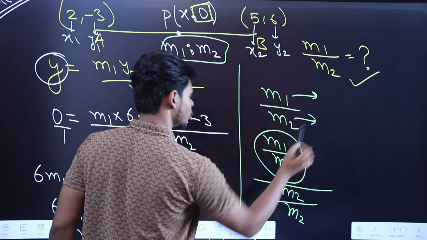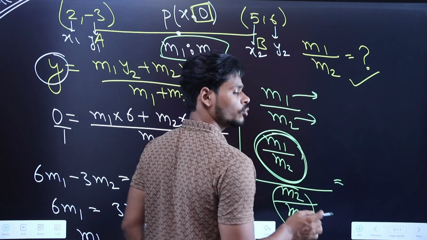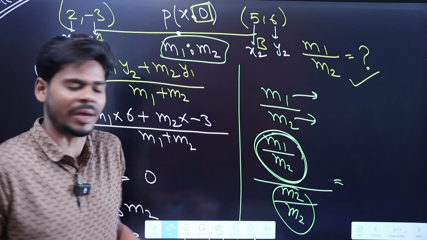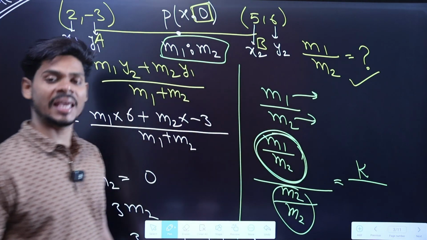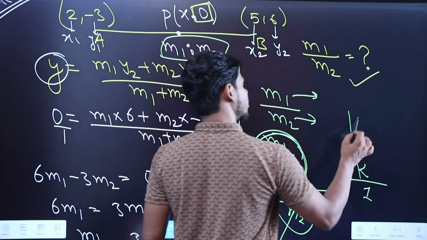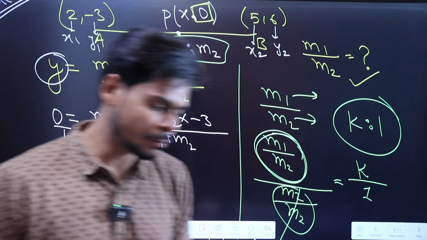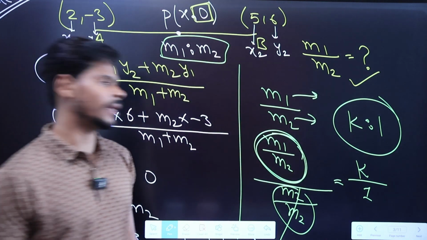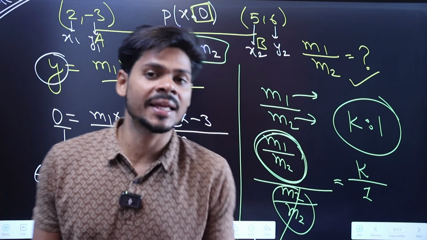Now this is nothing but m1 upon m2, which we actually want to find. So this one will be k, let's say we are assuming it as k, and the denominator gets cancelled out to become 1. So the ratio is k:1.